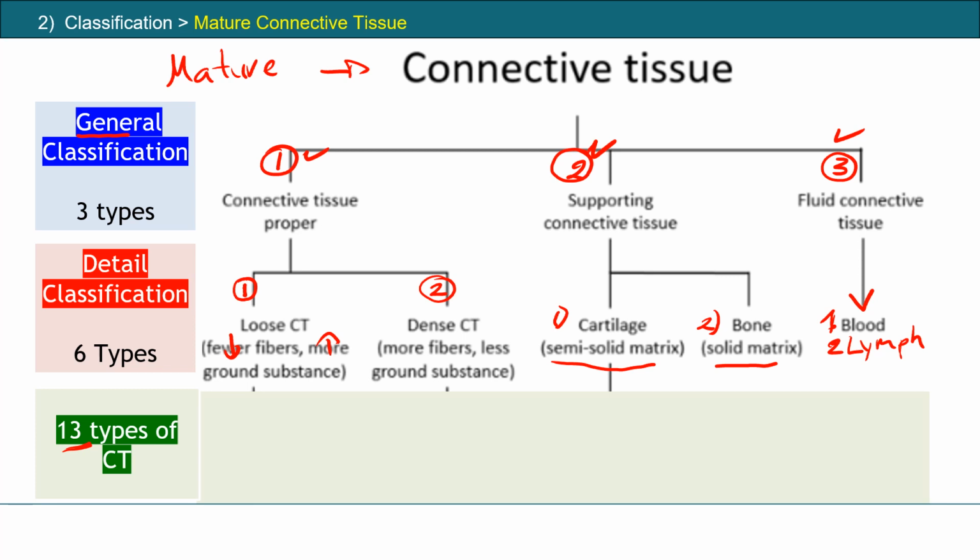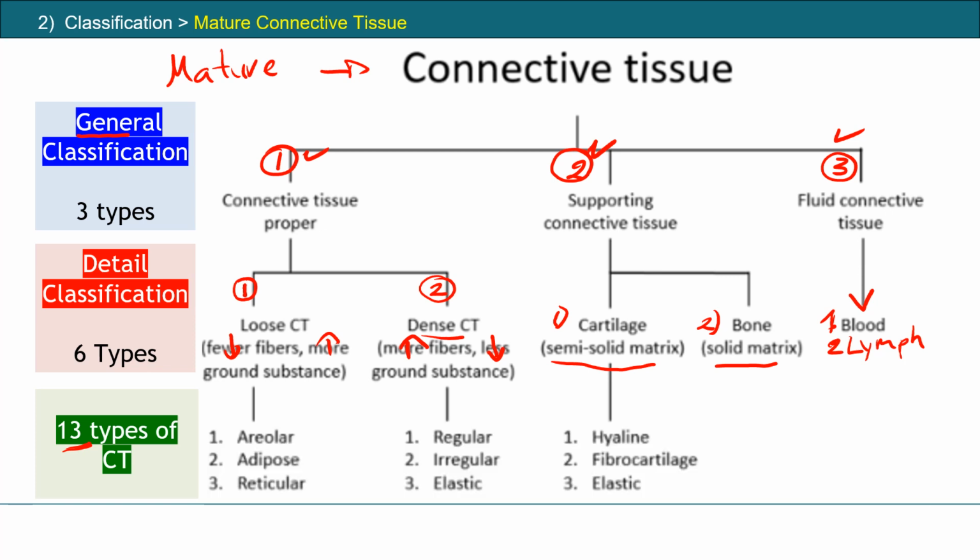Opposite to that, the dense one will have more fibers and less ground substance. Good. So we have gone from three types, then we went to six types, and now we are going to go to the other 13. Okay, so here in the loose connective tissue, we have three more types.